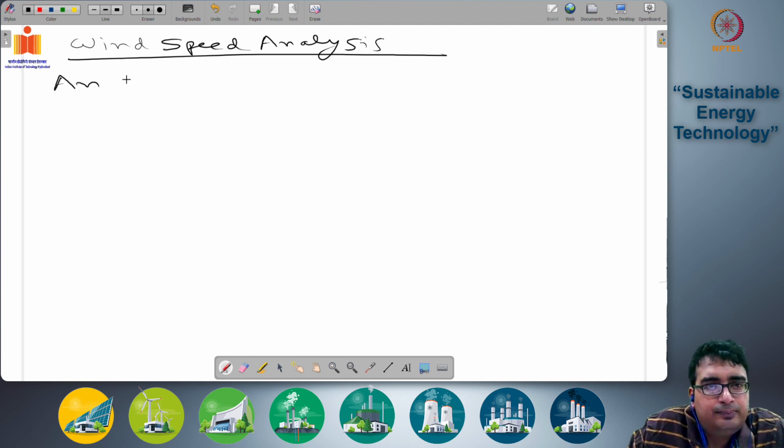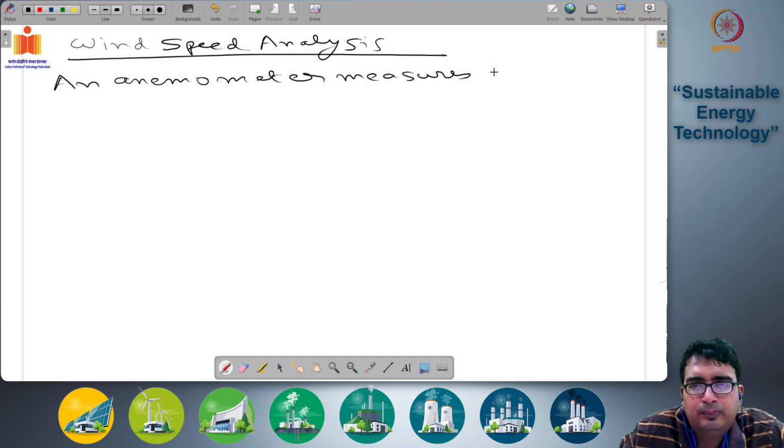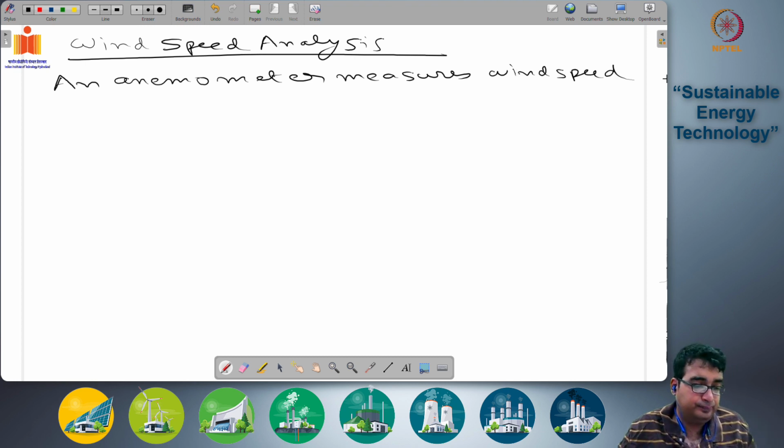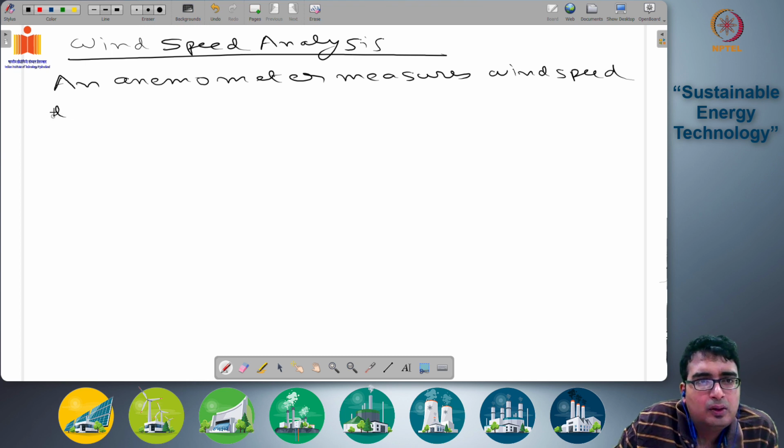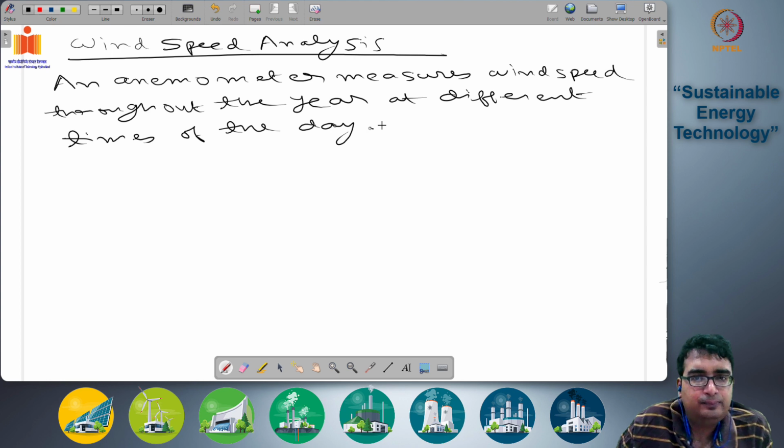So an anemometer measures wind speed throughout the year at different times of the day. Okay.